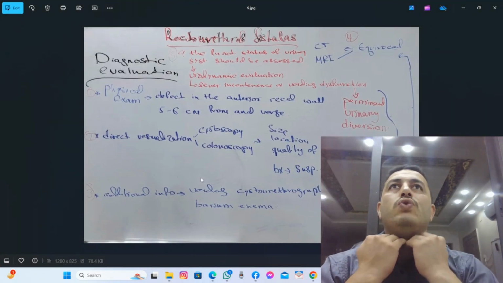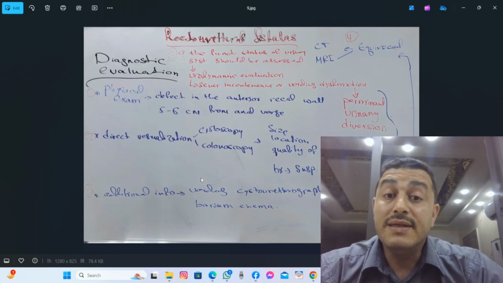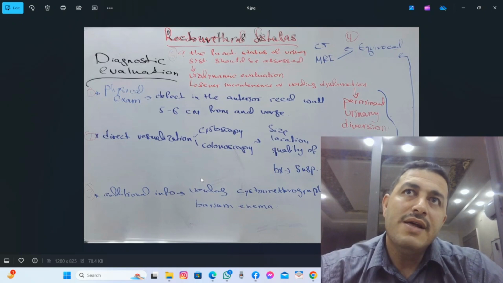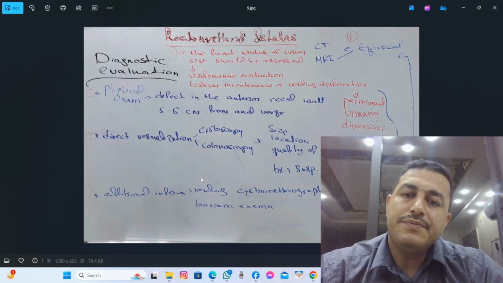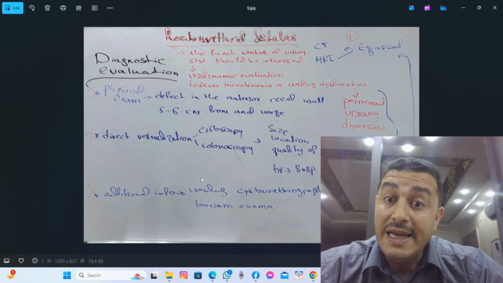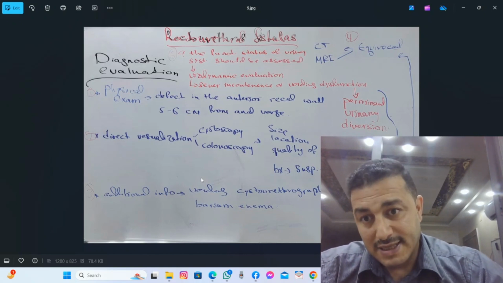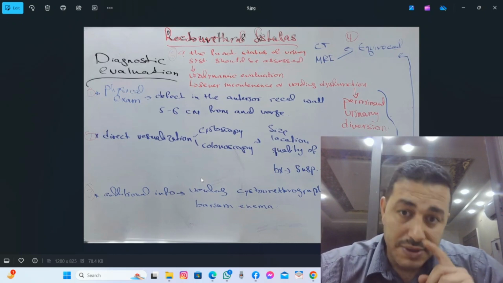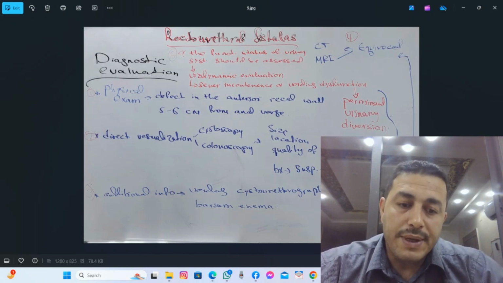What we expect to find is a defect in the anterior wall of the rectum, approximately 4 to 5 cm from the anal verge. How to detect this defect? With physical exam, it's better with a cystoscope or colonoscopy.